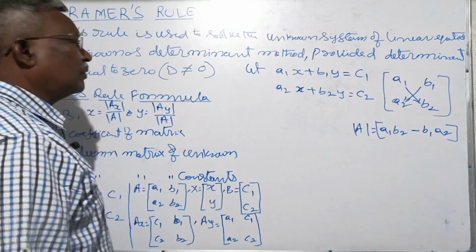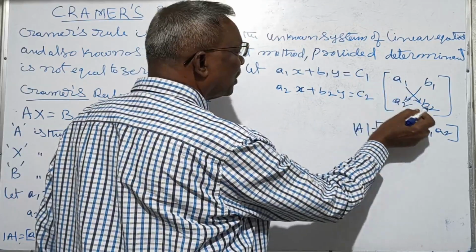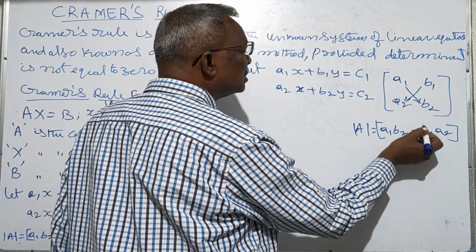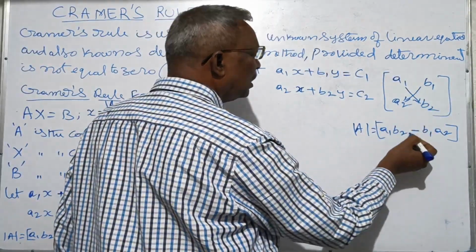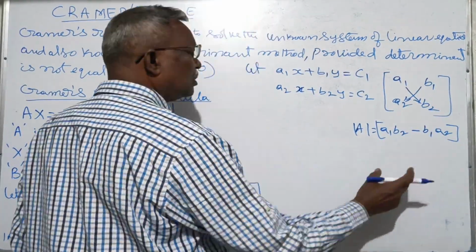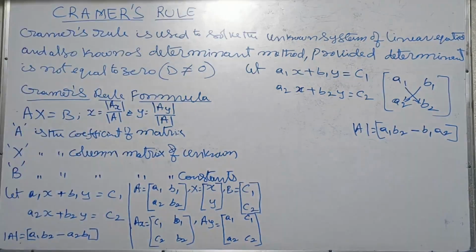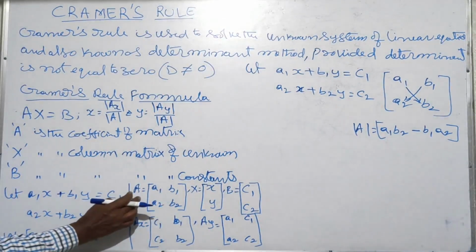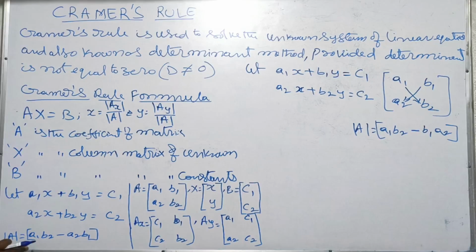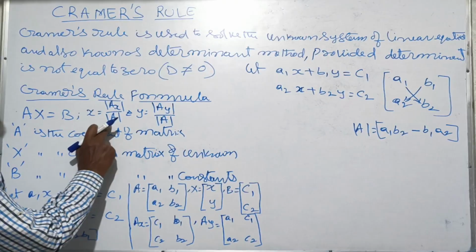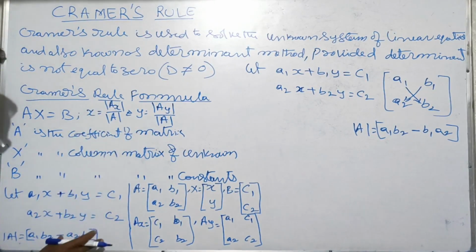This is the determinant of a second order matrix. So for this second order matrix, determinant of A is equal to a1 b2 minus a2 b1. So now we know the determinant of A.